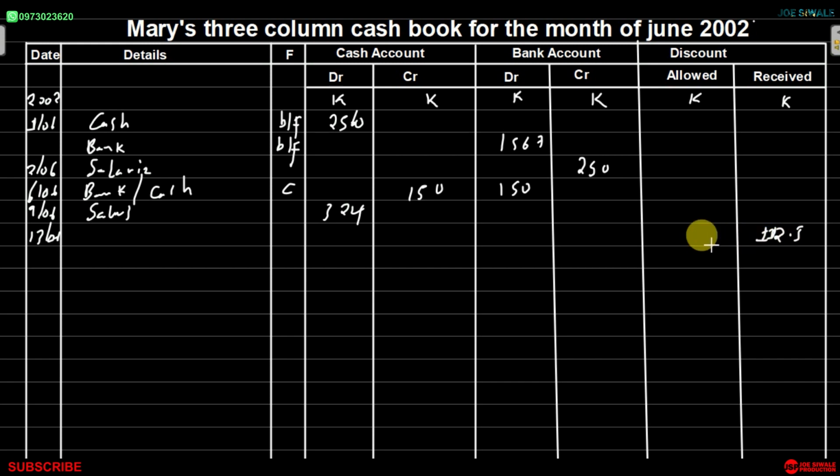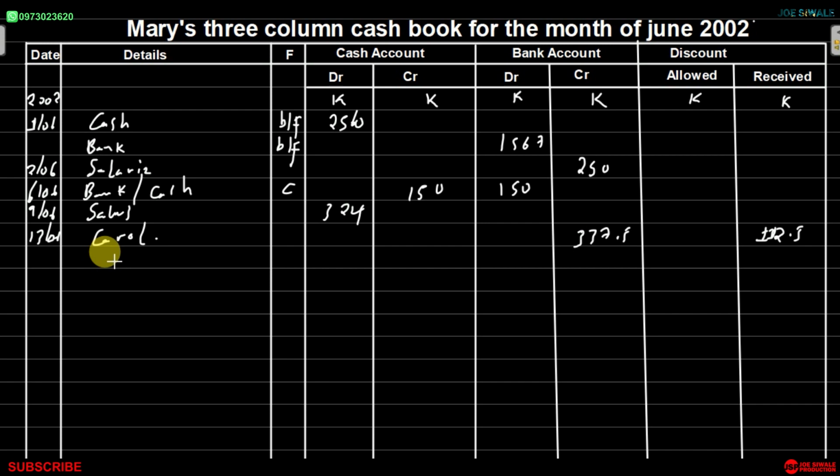The answer that we're going to have is 337.5. And here in our details we can say Carol. So that's how you can record that type of transaction.